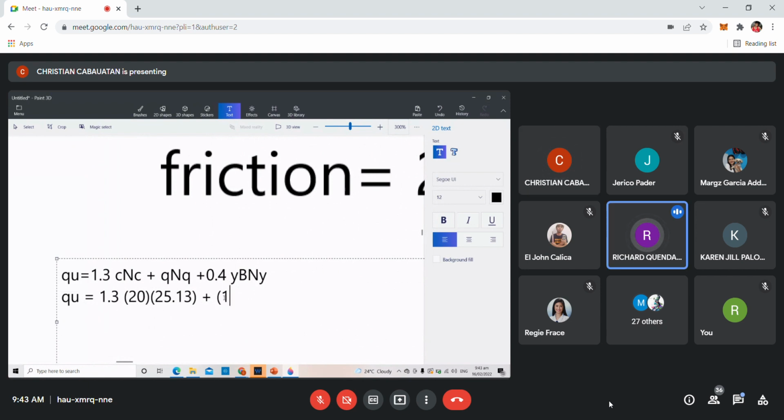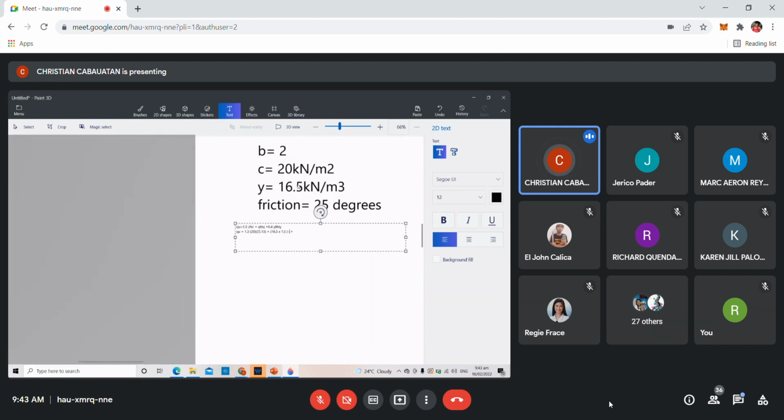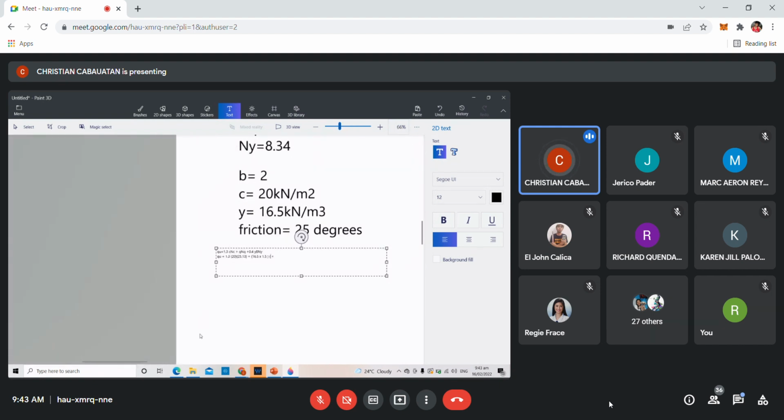Yes, sir. 16.5. Multiply natin siya kay the depth of the footing, which is 1.5. Okay lang? Multiply pa natin yung dalawa kay Nq.